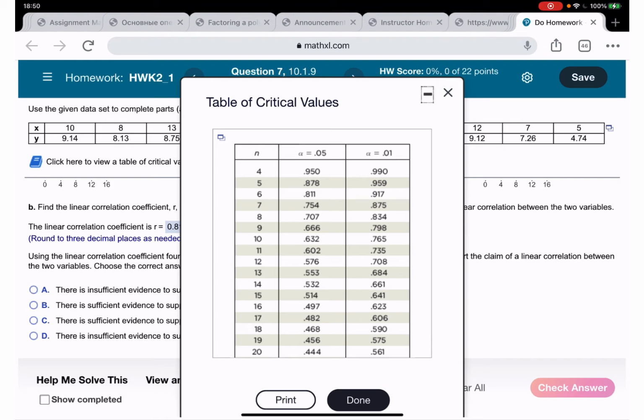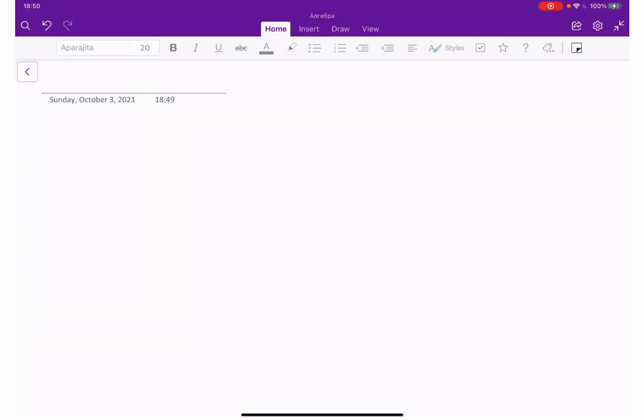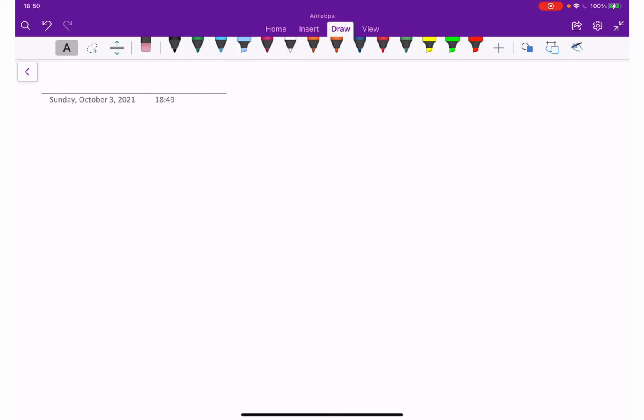So 11 and 0.05 gives 0.602. Let's write down 0.602. So it's going to be 0.602 plus or minus, right?